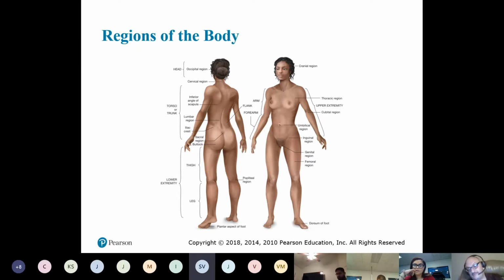The occipital region, that's the back of your head. If you feel the back of your head, you feel that bump back there, that's part of your occipital bone. So that's why they call it the occipital region. So the big basketball sized thing on top of your shoulders, that's called your head. And then the head also, we have the face and the skull. The face right here, and then the skull is right here.